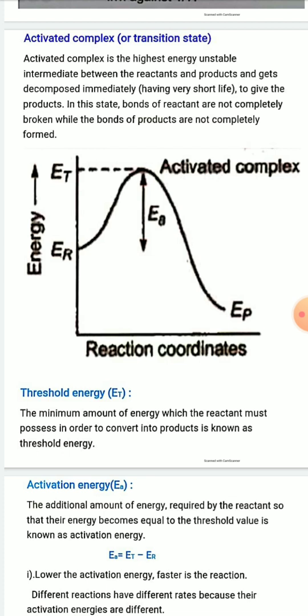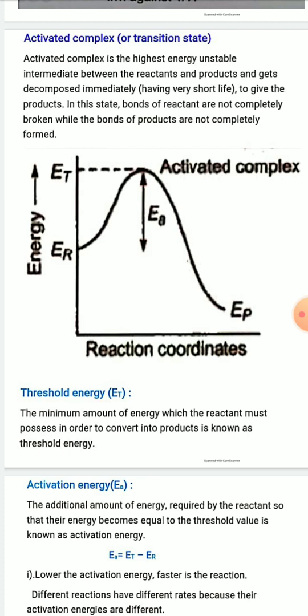So activation energy is the difference in energy between the threshold energy and the energy of reactant. Now, what is threshold energy? Threshold energy is the minimum amount of energy which the reactant must possess in order to convert into product.